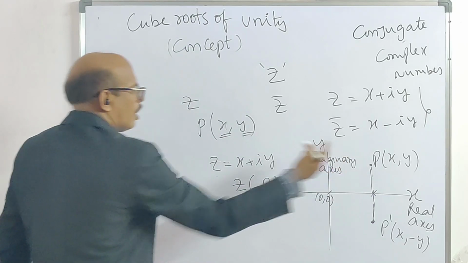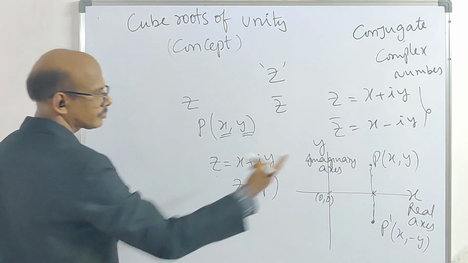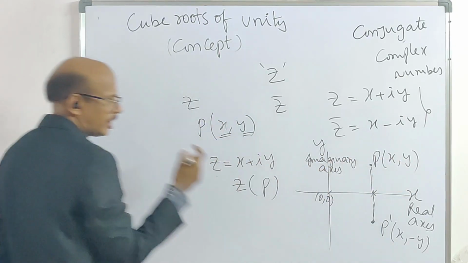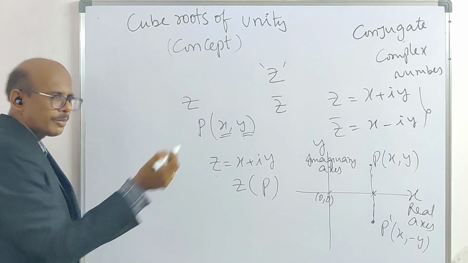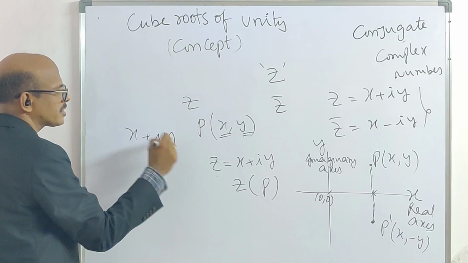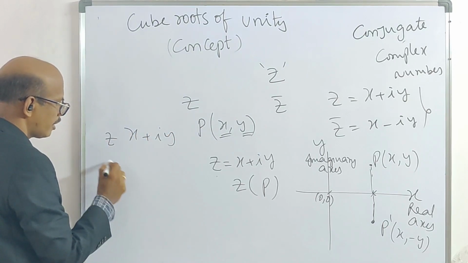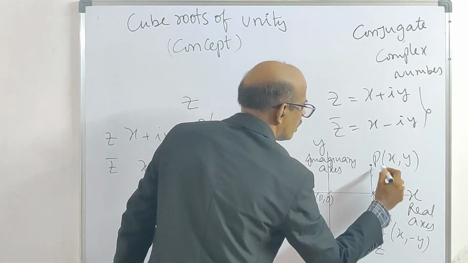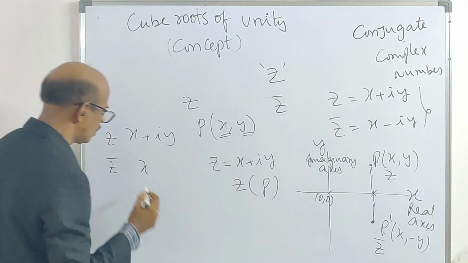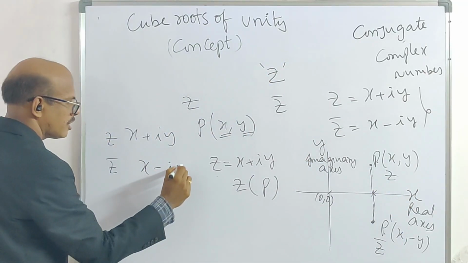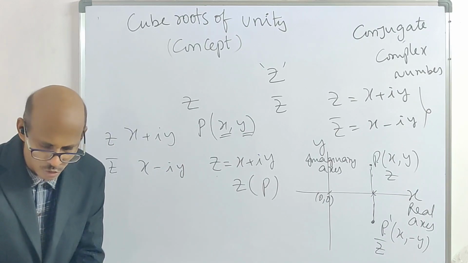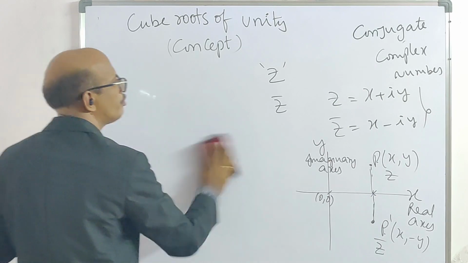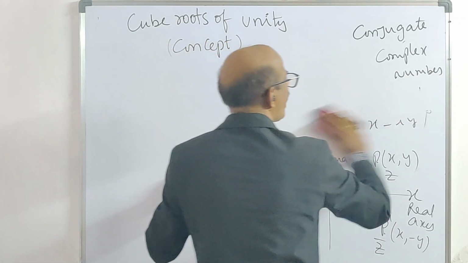Means according to the rectangular Cartesian form, converting from the ordered pair form, x plus iy is z and z bar is this one. So x minus iy is in the fourth quadrant. I think you know very well about the image, just simple conjugate is required here.